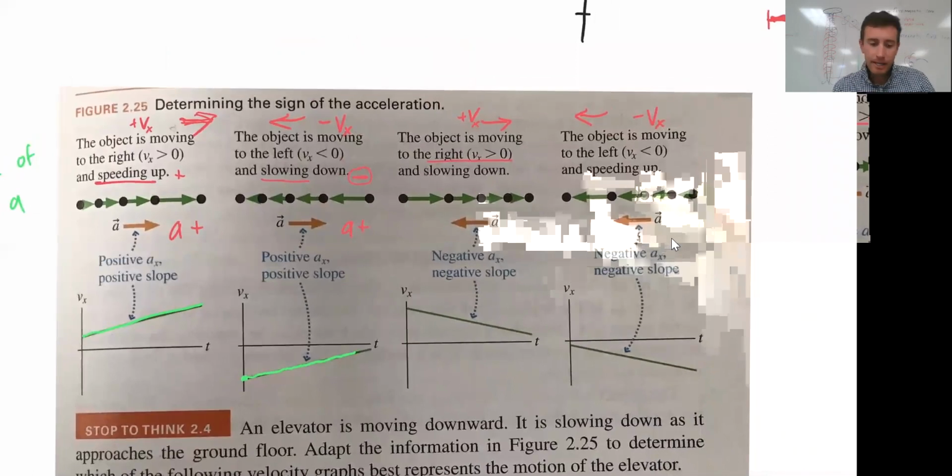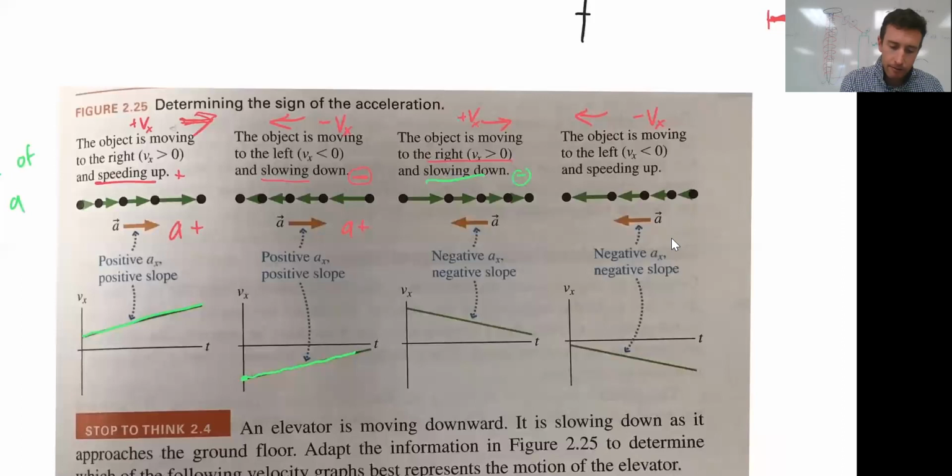Our negative cases would be if I'm moving to the right and slowing down. Positive times a negative gives me a negative slope, negative acceleration. That's acceleration sub x.